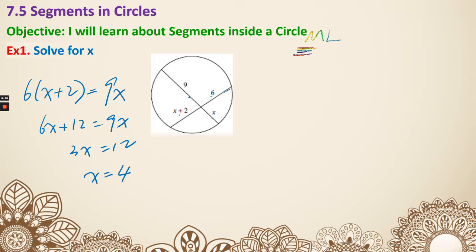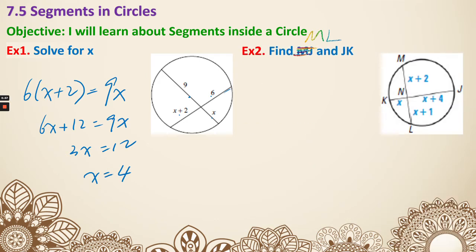That's example 1. Example 2. There's a typo. It shouldn't be MJ, it should be ML. So this one, same thing. If you look at the chord ML, that's being cut into x plus 2 and x plus 1, so we're going to multiply them together, x plus 2 times x plus 1. And the other chord, KJ, is being separated into x and x plus 4.